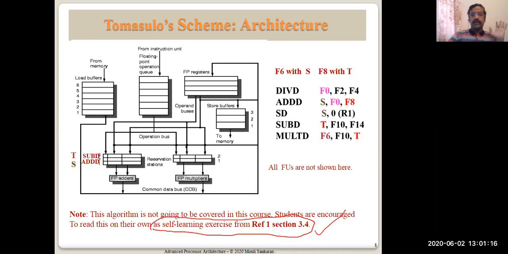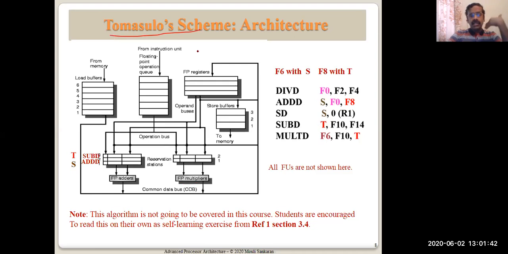Read this section, understand this scheme which is called Tomasulo scheme, which is using temporary registers, which is called register renaming, and it is using the common data bus and the reservation stations to do the dynamic instruction scheduling. So what is this scheme?